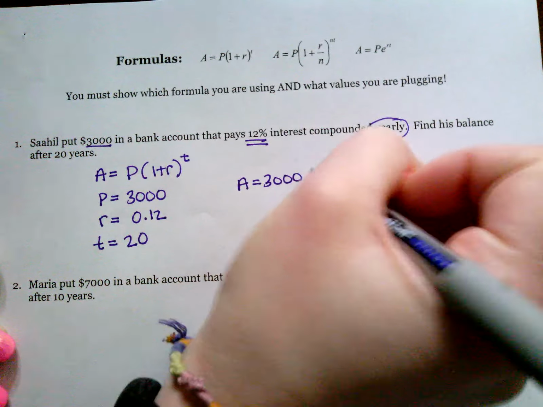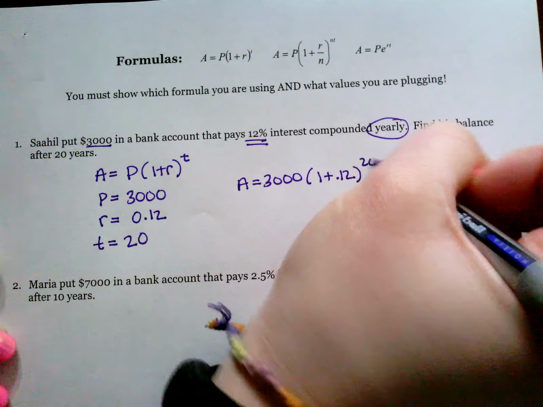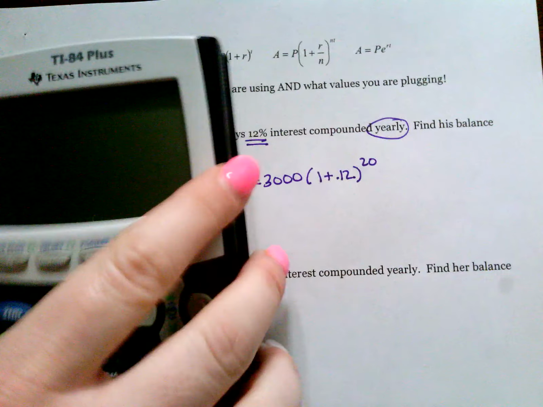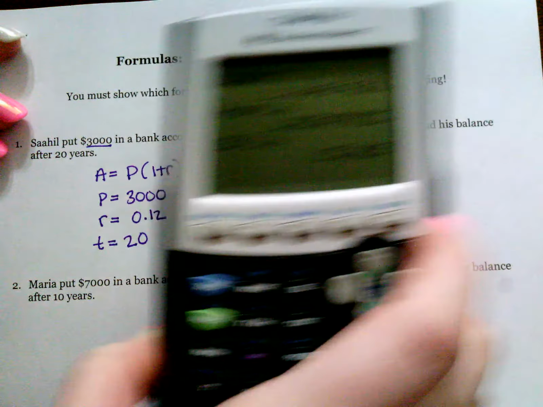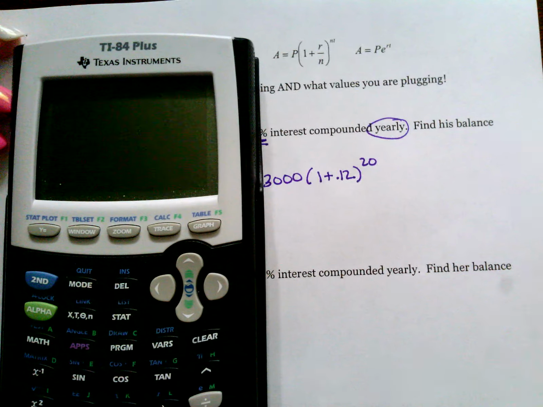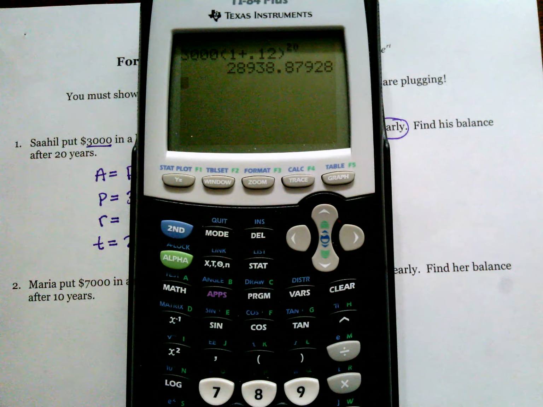And then I can go ahead and write it into my calculator. 3,000 times 1 plus 0.12 to the power of 20. Enter. So $28,938.88.